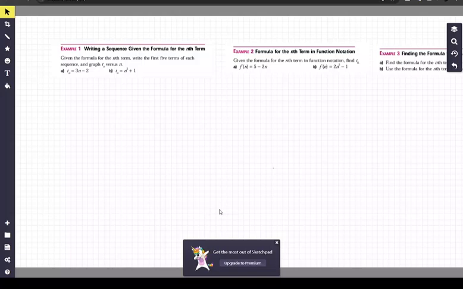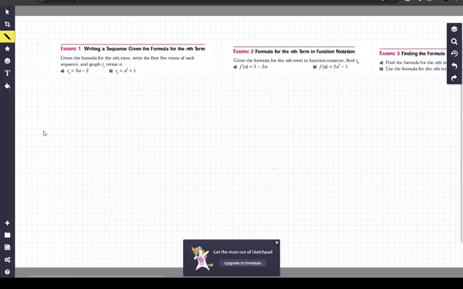The first term is usually referred to as T1, then T2, T3. This is how we refer to the terms. Essentially, we're trying to find patterns between these numbers and write a mathematical formula that helps us figure out which number comes next and the number of terms after.